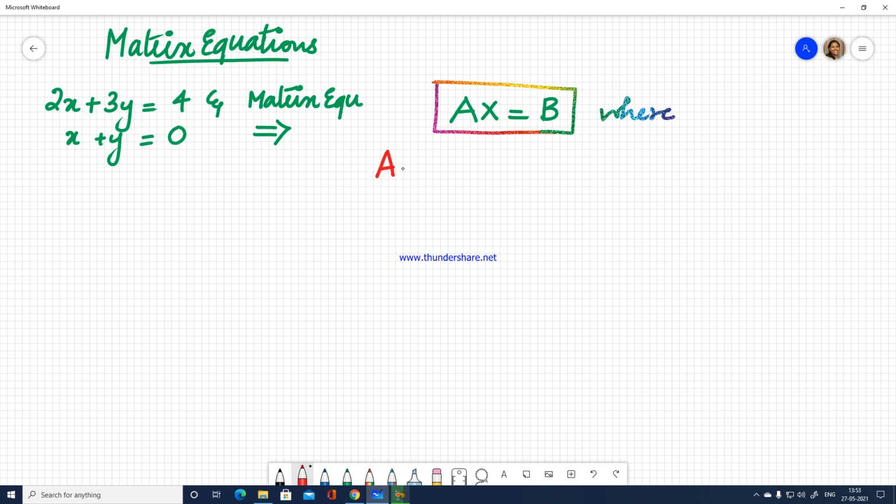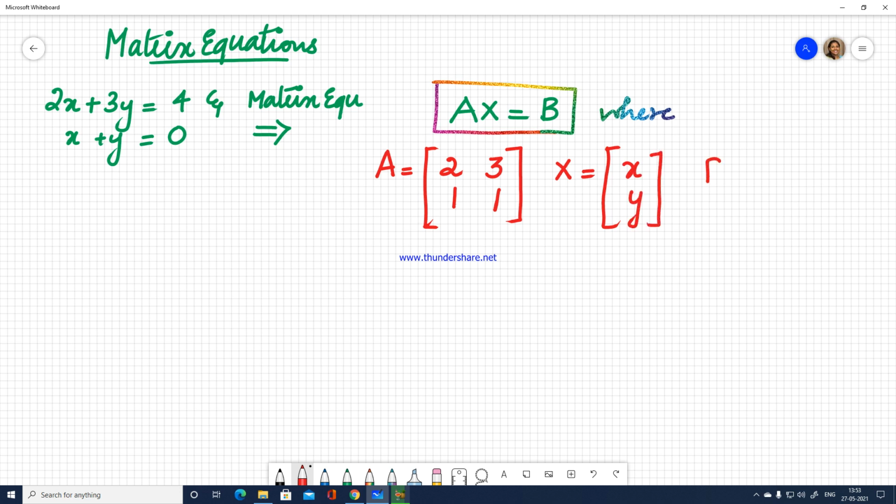A is the matrix 2, 3, 1 and 1, that is, the coefficients of x and y. X means the variables we used, which are x and y. And B means the numbers which come over here, that is 4, 0.